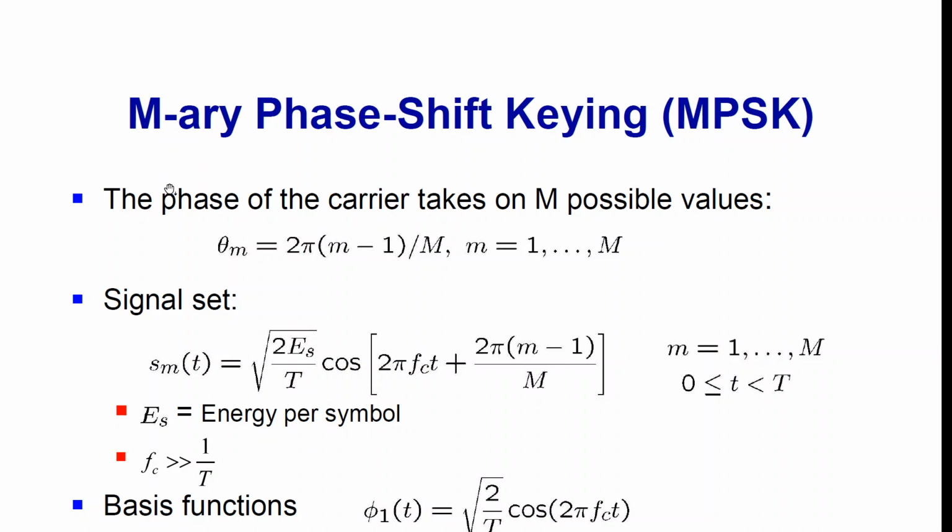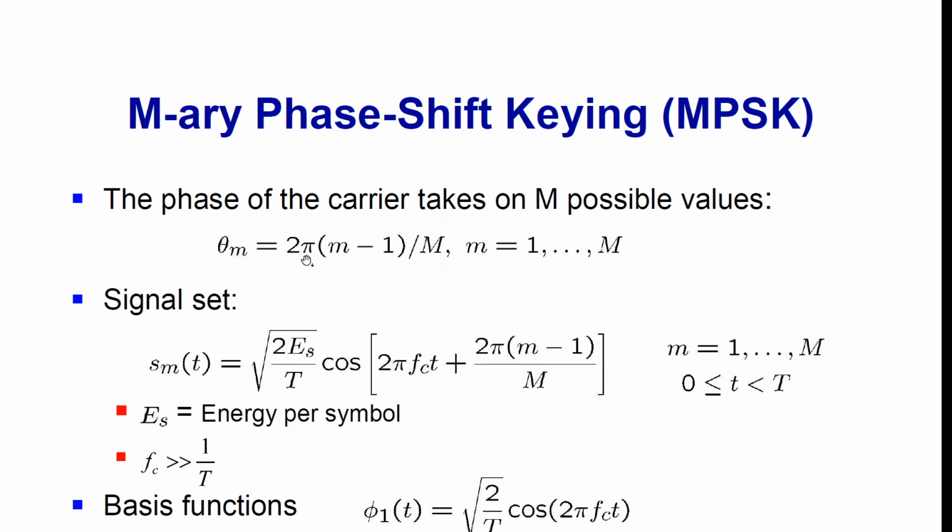Now we will start with M-ary phase shift keying. So in M-ary modulation, you will have M possible signals. In M-ary phase shift keying there will be capital M phases, which are represented as theta m equal to 2 pi by capital M into m minus 1.